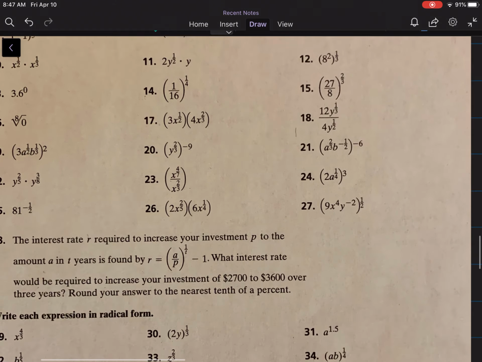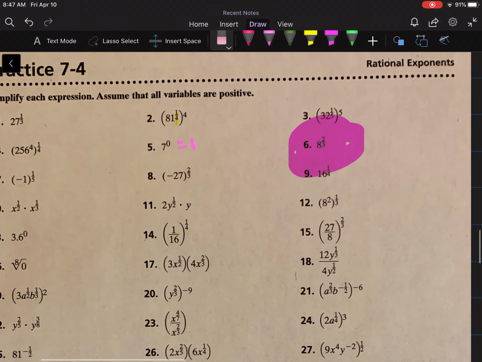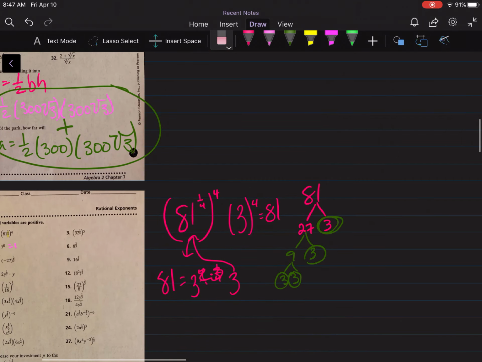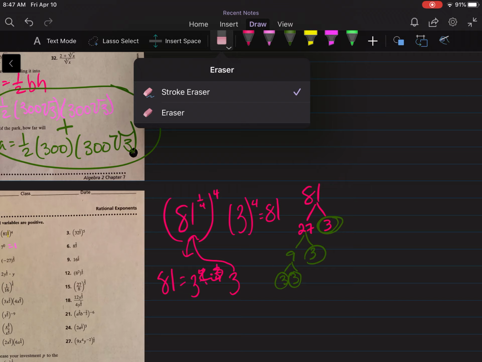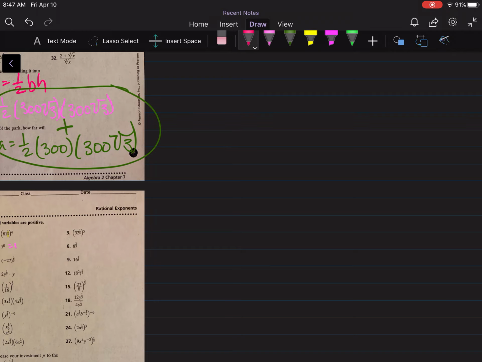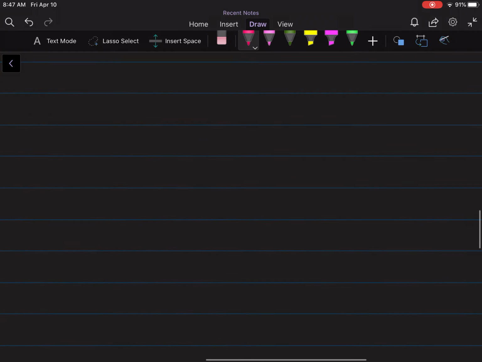Okay. 8 to the 2/3. That's already solid work from the previous problems. 8 to the 2/3. Okay, so we got to break that 8 up.